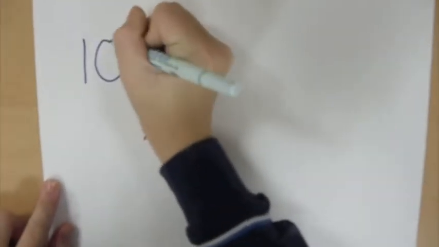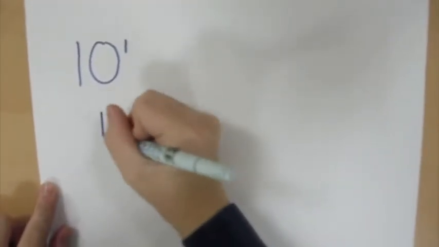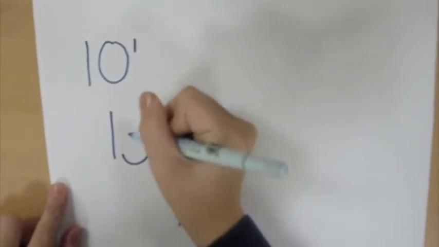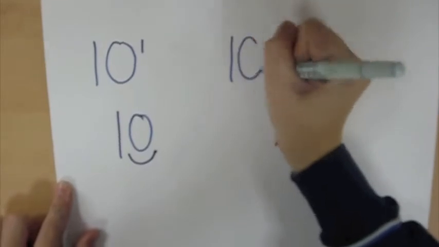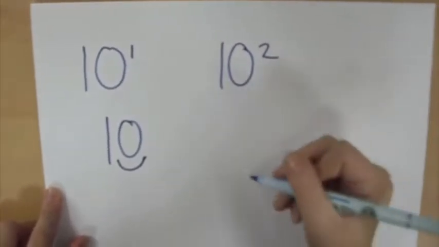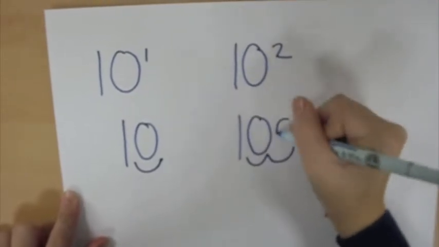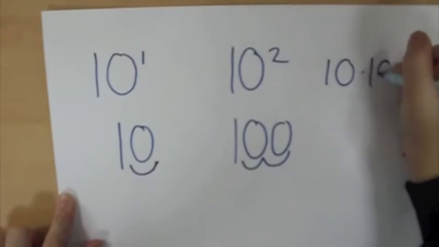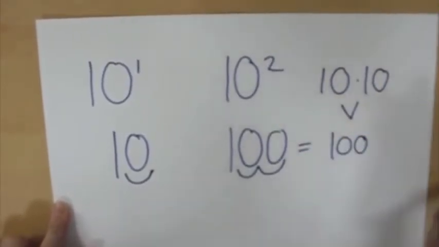So here we go. 10 to the first power. There's a trick to it. What you're gonna do is move your decimal 1 place from 1. That gives you 10. Now 10 to the second power: you move your decimal 2 places from 1. That gives you 100. Now let's check that. 10 times 10 equals 100. They're both correct.